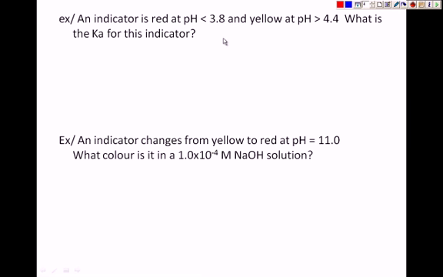If we were to draw a kind of line graph right here, here's 7 somewhere in the middle, and here's 0 and 14. This is red at less than 3.8, so it's red here, and it's yellow at more than 4.4.